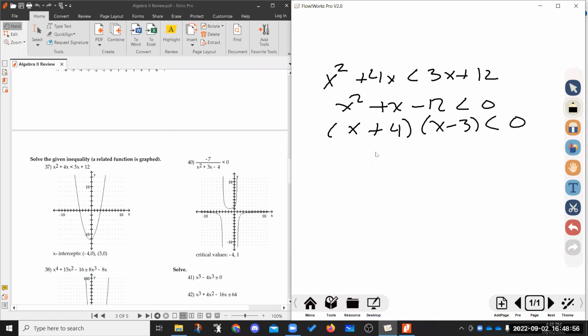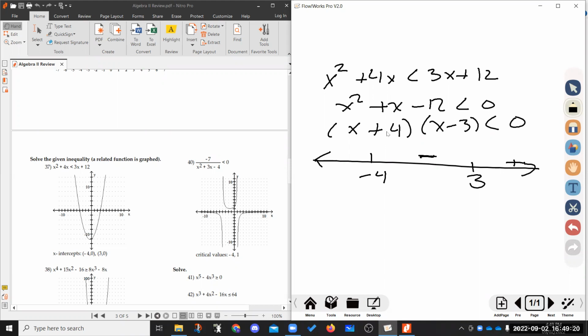I'm going to do a little sign chart here on my number line. Say here's -4, here's +3. When I have a number all the way to the right, a positive times a positive is a positive. Once I cross 3, this one's going to change sign, so positive times negative is a negative.